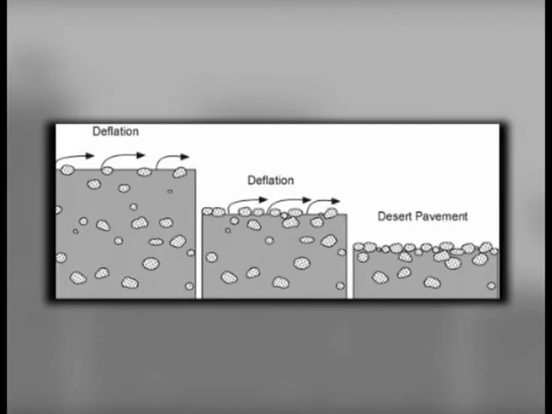This action erodes material by deflation, the removal of small loose particles, and by sandblasting of landforms by wind-transported material. Continued deflation of loose particles from landforms leaves behind large particles more resistant to deflation.